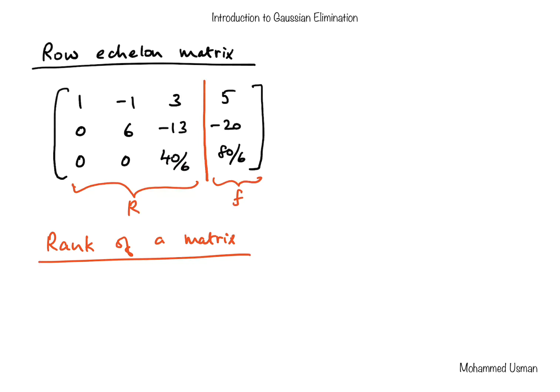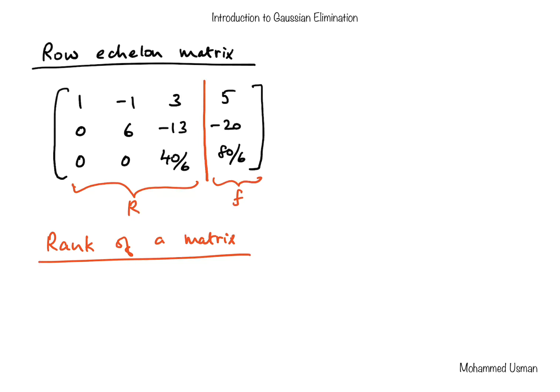We consider it a zero row only if all the numbers in a particular row of R are zero. Even if one of the numbers is non-zero, we consider that row to be a non-zero row. So if you look at this example, we have 1, 2, and 3 rows of R, the reduced coefficient matrix, which are non-zero. So the rank of this matrix is said to be 3.